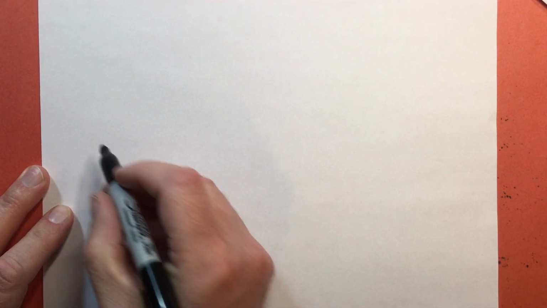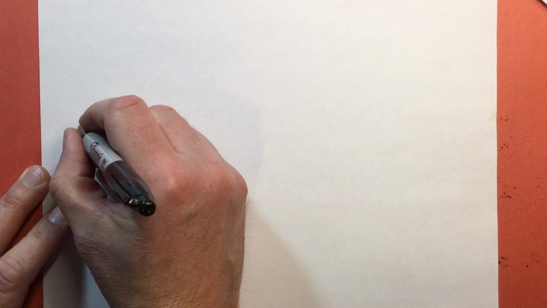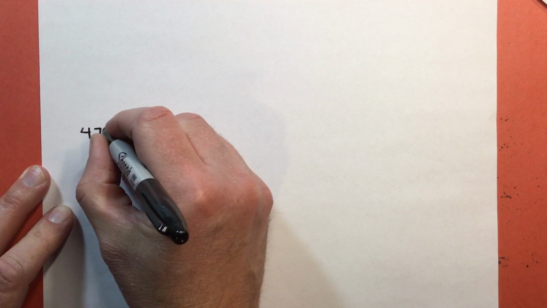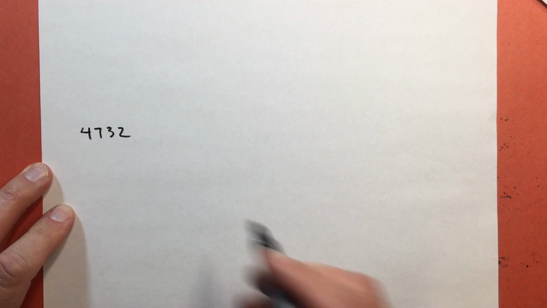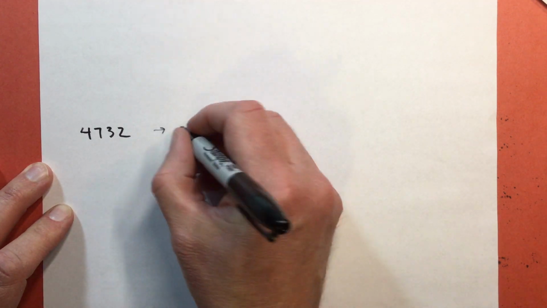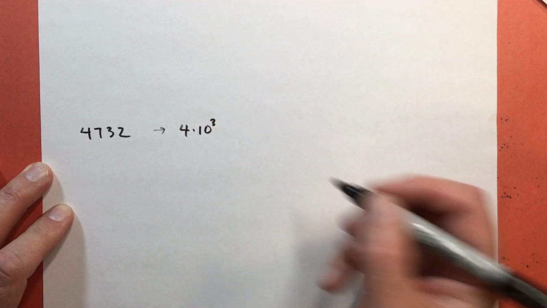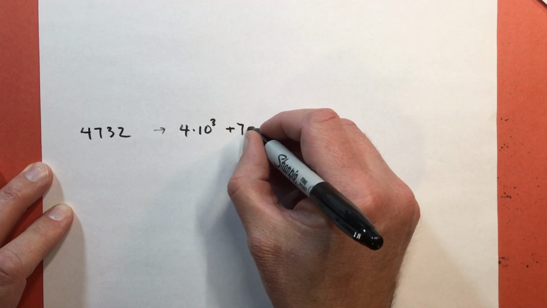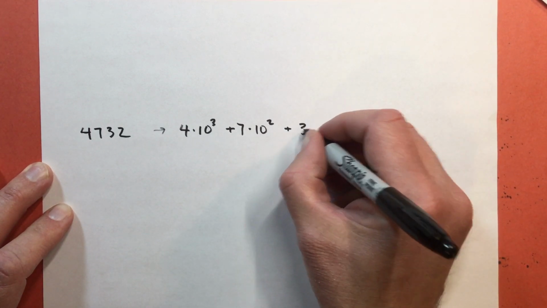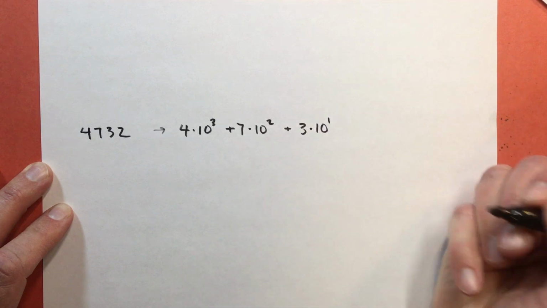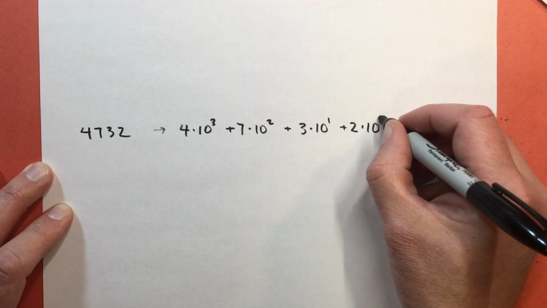So, for example, if I had 4,732, that becomes 4 times 1,000, which is 10 to the third power, plus 7 times 100, which is 10 to the second power, plus 3 times 10, which is 10 to the first power, plus 2 times 1, which is 10 to the 0 power.